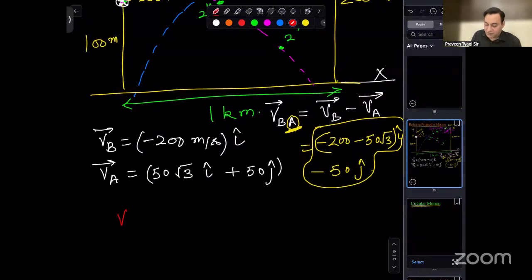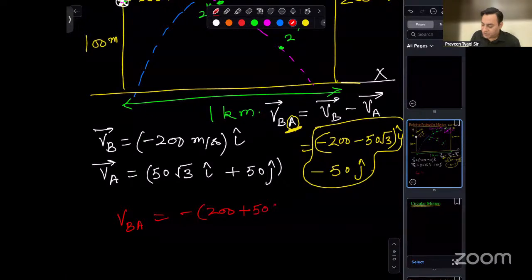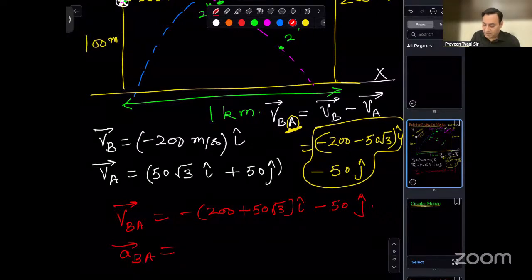Velocity of B as observed by A, we found out to be minus 200 plus 50 root 3 I cap minus 50 j cap. What is acceleration of B as observed by A? Who will tell me? Quick.